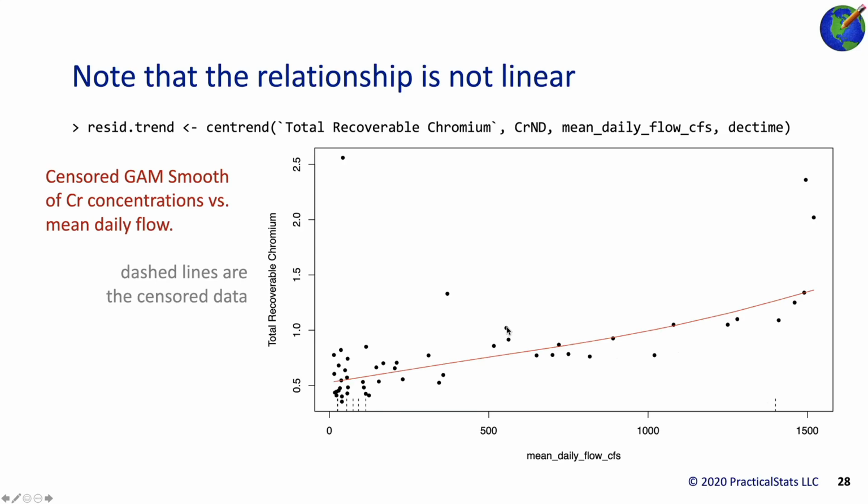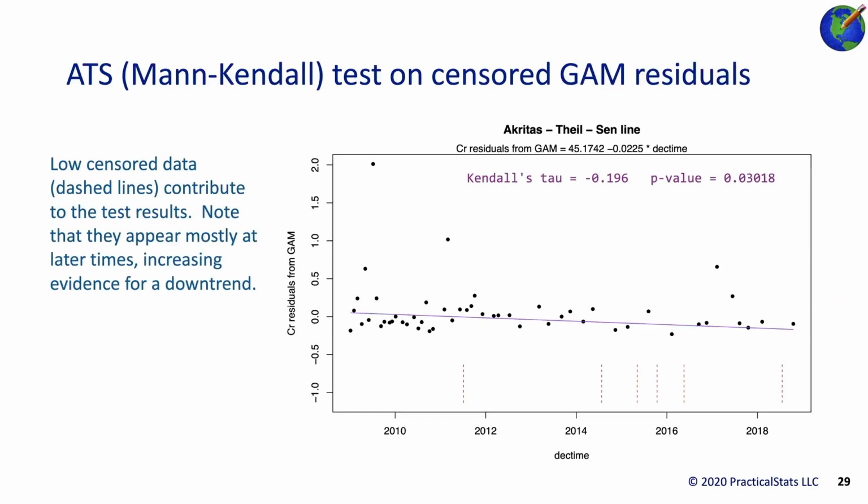So you take a value for the point, subtract off the value for the model here, the smooth, for the same X, and that's a residual. And do that for all of these points. You can also do it for the detection limit type residual here, and then submit that to the ATS procedure. Here's the ATS line on the residuals.